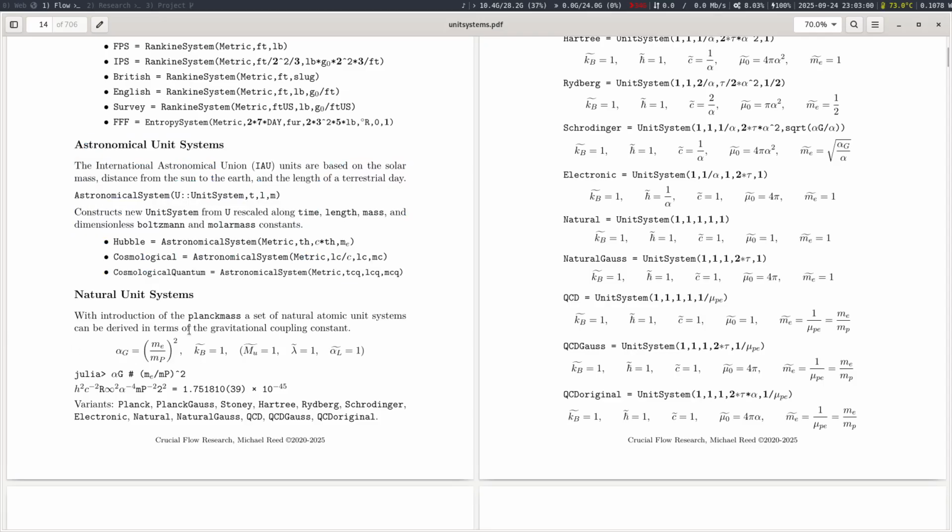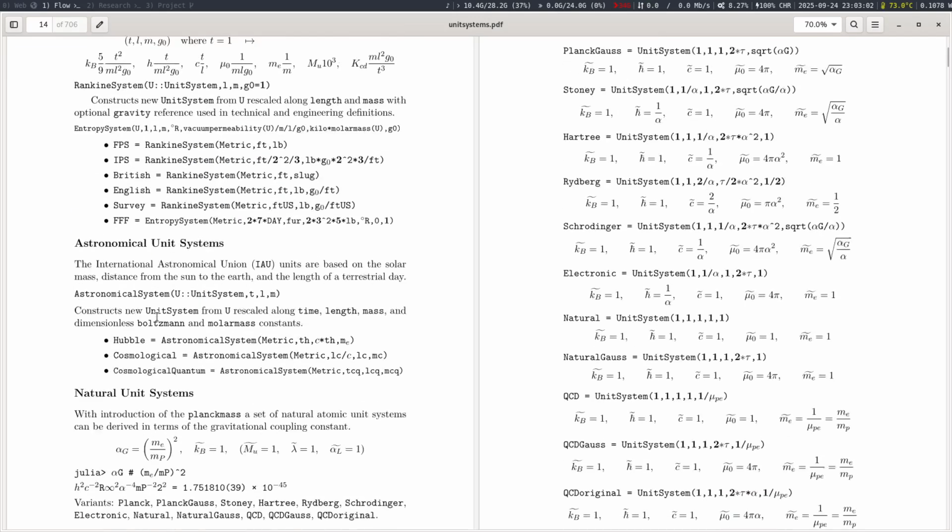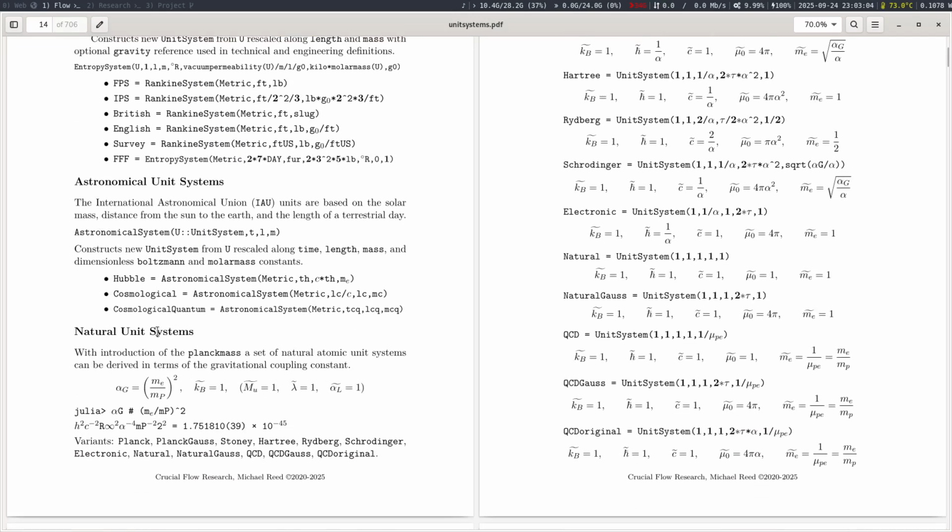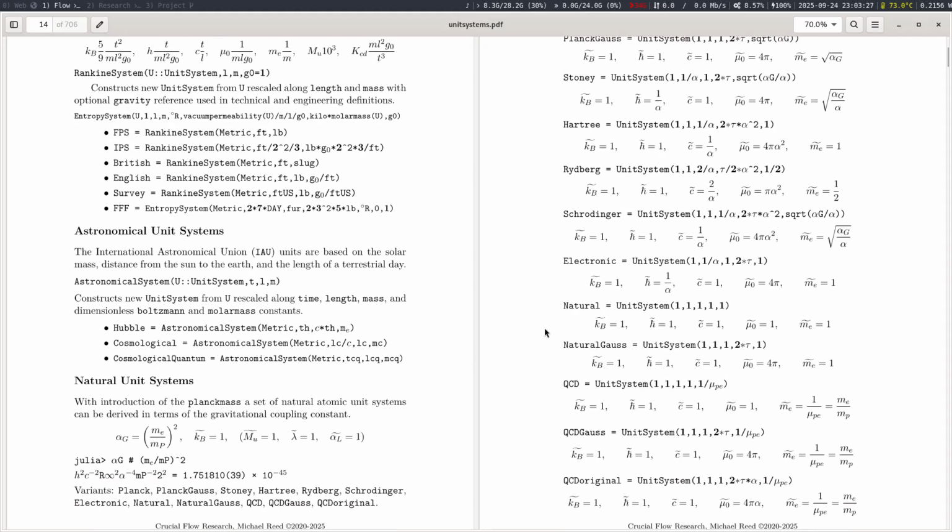And then there's the natural unit systems. So these are very interesting to physicists. With introduction of the Planck mass, a set of natural atomic unit systems can be derived in terms of the gravitational coupling constant. So alpha G is this gravitational coupling constant, and this is going to show up in a lot of these.